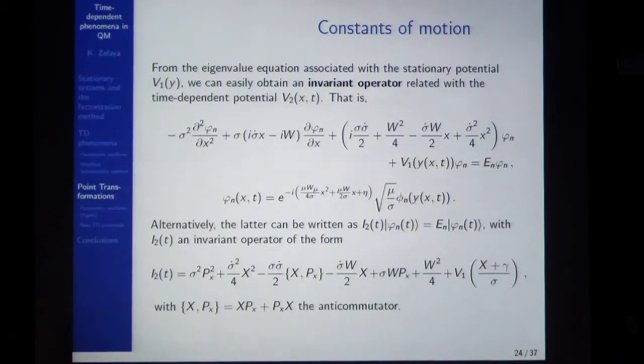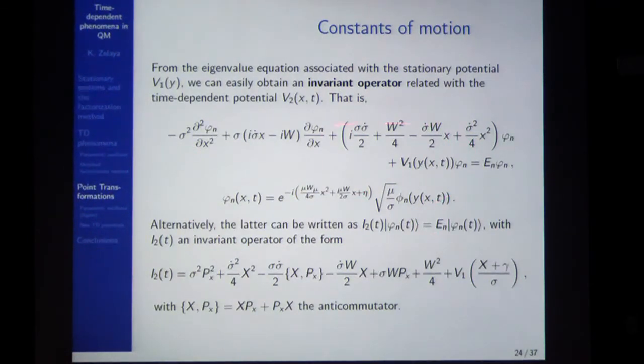So we can take this Hamiltonian constant of motion and map it, and we are sure that the new mapped quantity will be a constant of motion of the new system because of this property of the point transformation. That's what we are doing here. I apply the point transformation just to the Hamiltonian, not the Schrödinger equation. And the initial Hamiltonian is stationary. So by doing all the math, we get this, and this is the new constant of motion of the system.